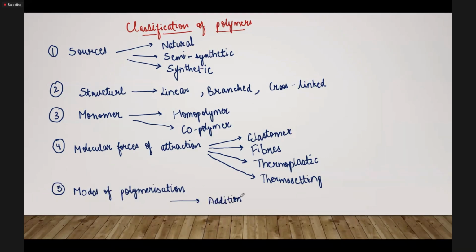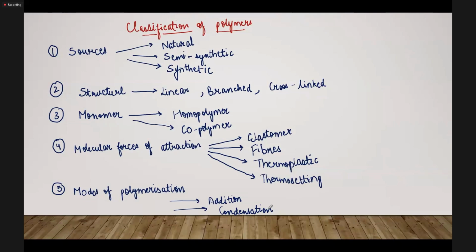Modes of polymerization is basically the method or the mechanism by which the polymers are formed. There are two methods or mechanisms which are important: addition polymerization and condensation polymerization. These are the two mechanisms by which polymers are formed.